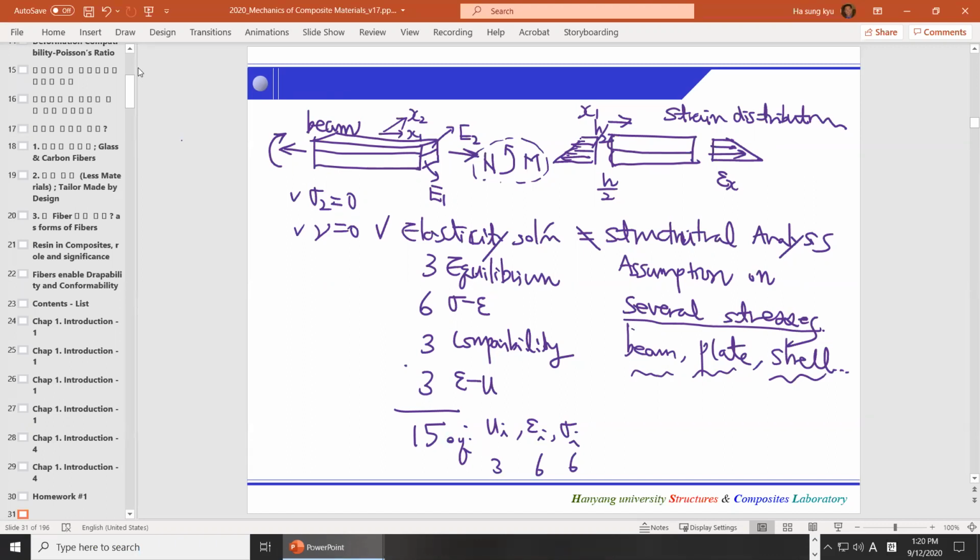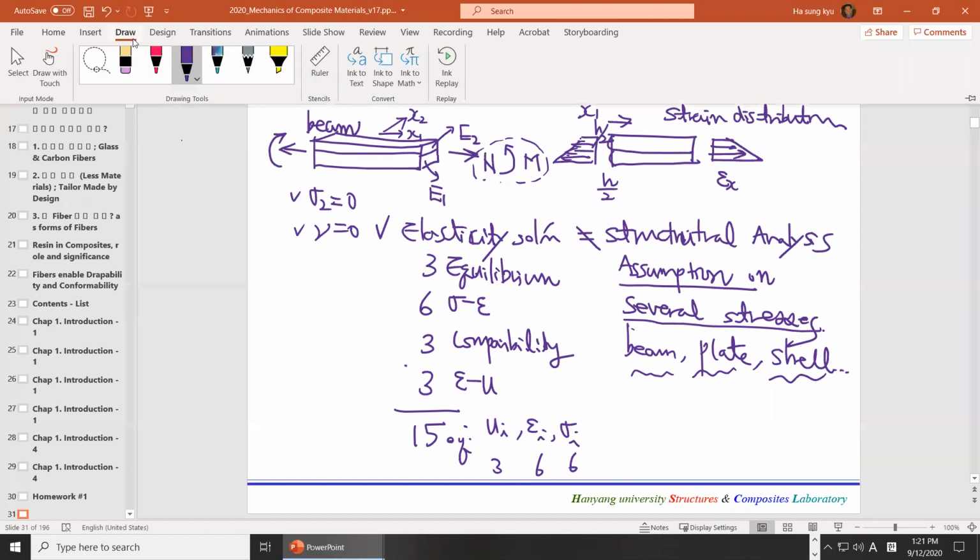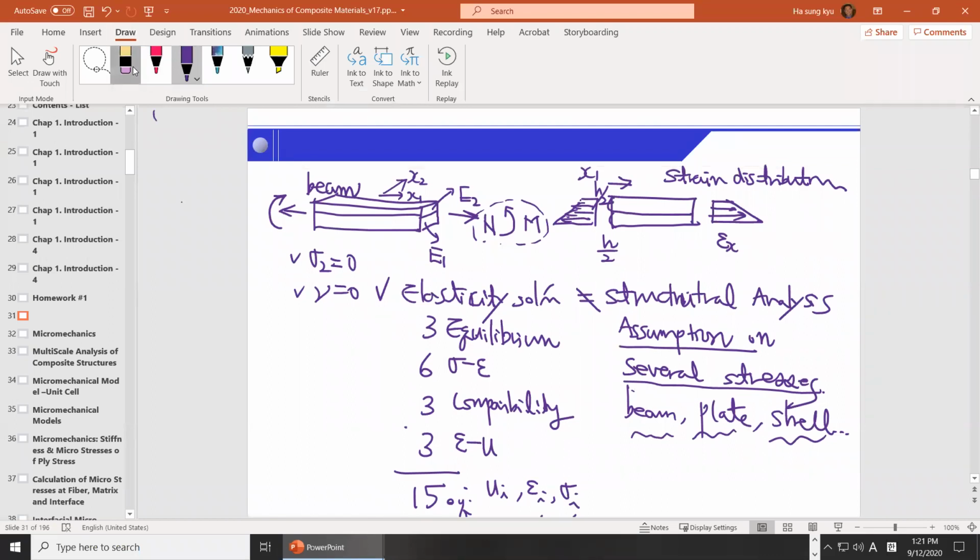But here, the assumption of the several stresses is that not just sigma 2, but also sigma 3 and sigma 4 and sigma 5 and sigma 6.